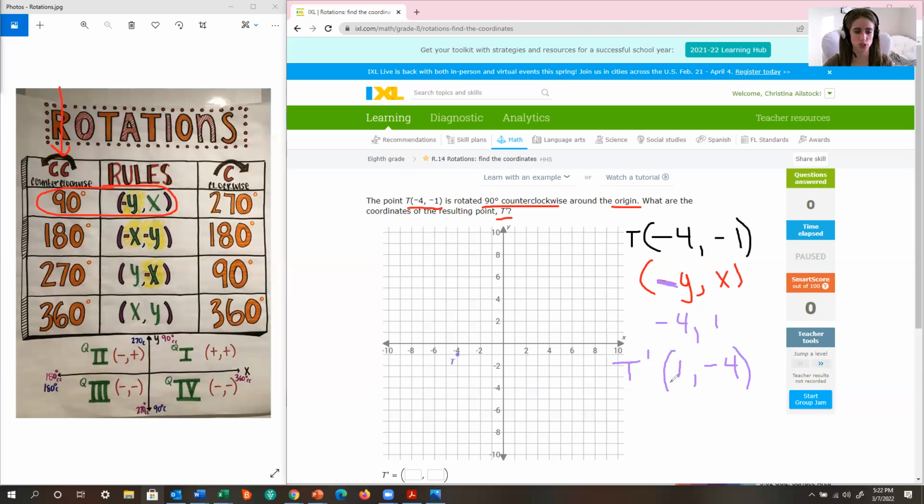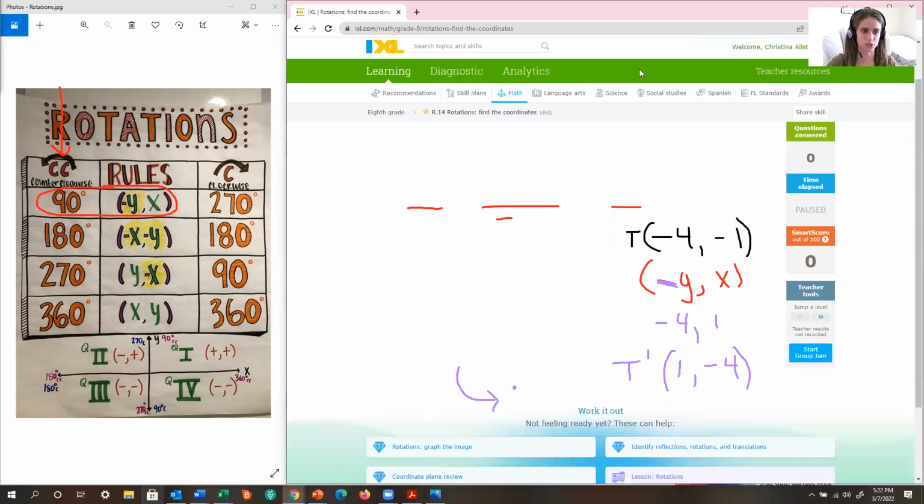That is the location of our point rotated 90 degrees counterclockwise, which on a graph would land us right here, and we notice that is one turn, which is what it should be. 90 degrees counterclockwise, that's one turn to the left. So type that in down below, and you will have your answer.